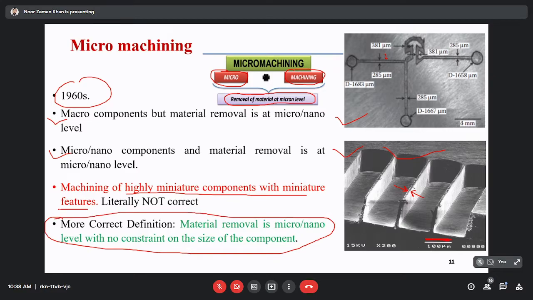So it means that you can machine a macro component, but material removal should be at micro or nano level, or you can machine micro or nano components and the material removal is at micro or nano level. So it can be considered as machining of micro components, creating micro features or creating surface characteristics at the micro or nano level. An example is texturing.